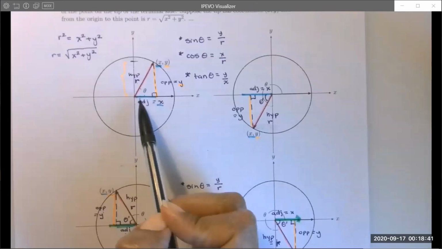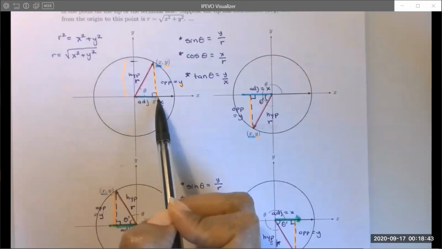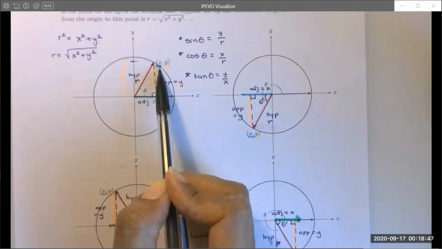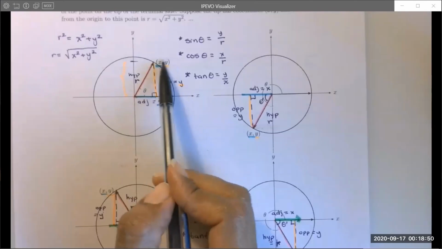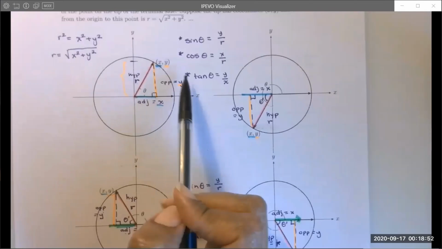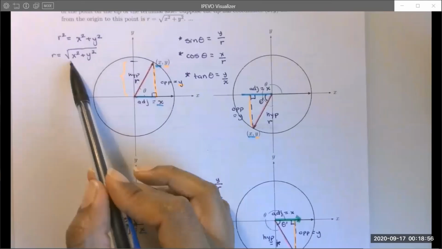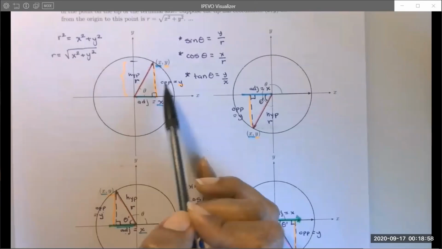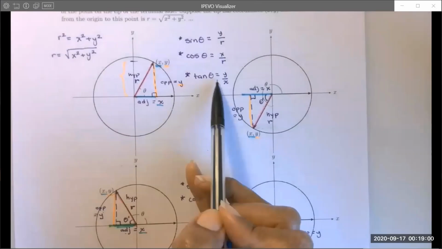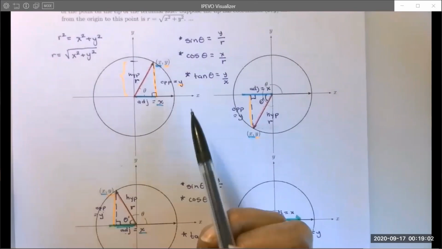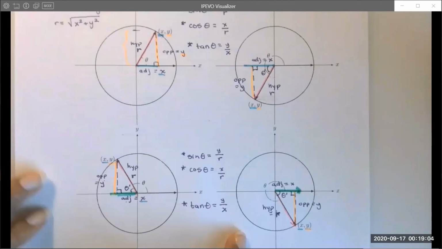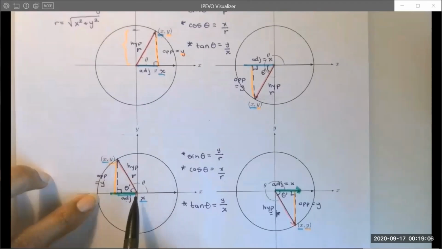The x is in the positive direction, the y is in the positive direction. So if you take any ratio between x and y and the hypotenuse, which we said was always positive because that's a distance, then we're going to end up with only positive results. If you compare that with quadrant number 2, though, one of these two is negative.